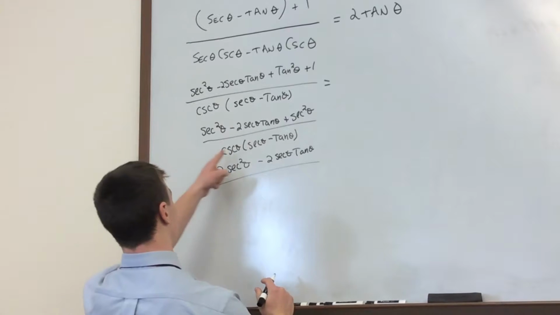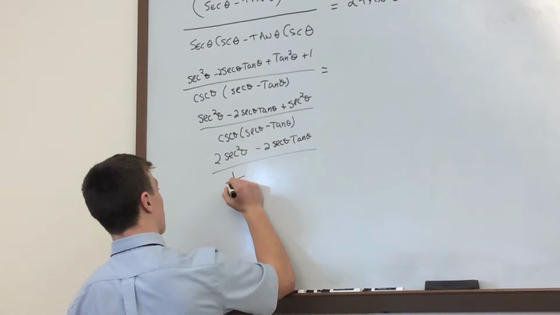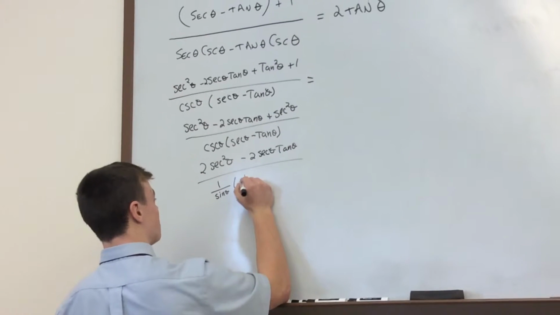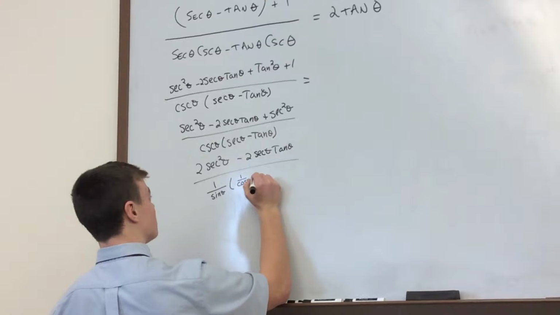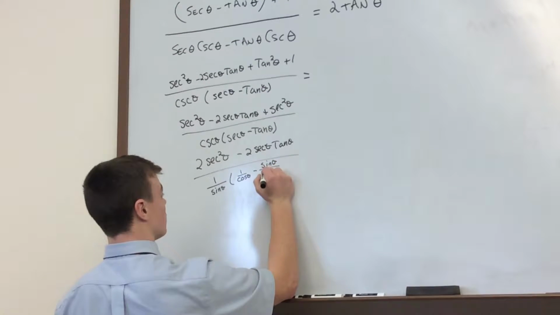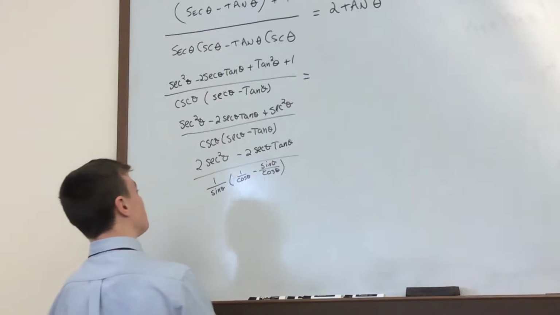And then I'm going to change these into their sine and cosine. So it's going to be 1 over sine theta times 1 over cosine theta minus sine theta over cosine theta. And then close parentheses.